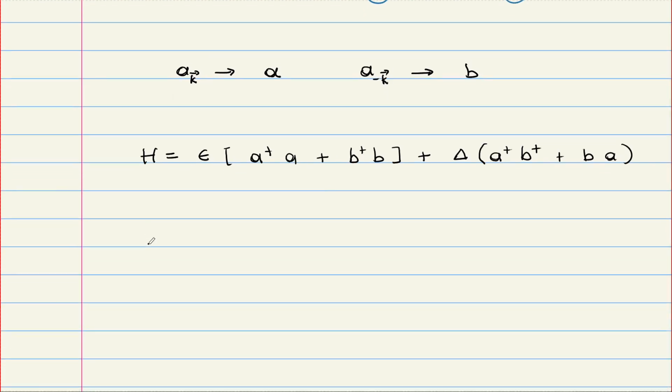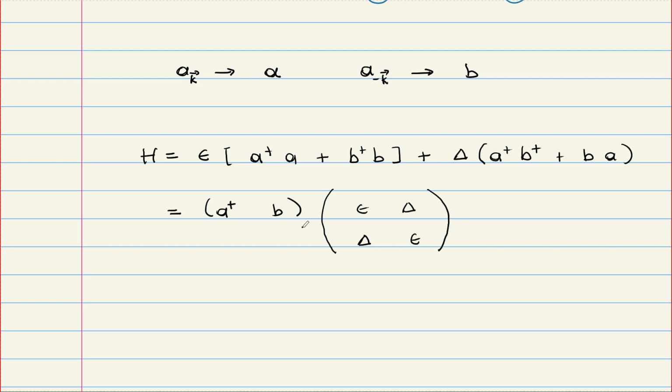And now I want to write this Hamiltonian in a little bit more compact form. So I want to write this A dagger B, this is like a row vector, is going to be multiplying a matrix. So this is like epsilon delta delta epsilon.